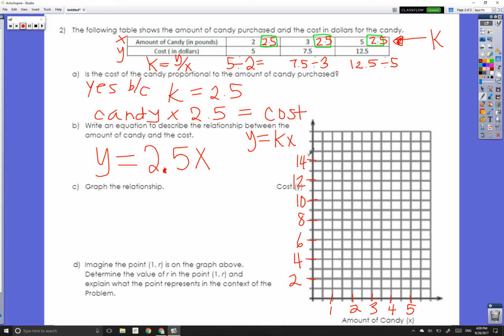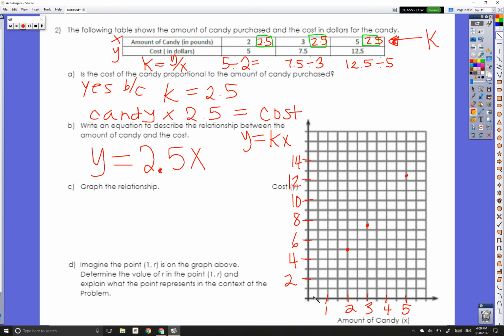And so we have 2 is at 5, and then 3 is at 7.5, and then 5 is at 12.5. Let me make sure I'm on the right line. And we know that this is correct if, when I draw my straight line, it goes through all my points, and it has to go through the point 0, 0.